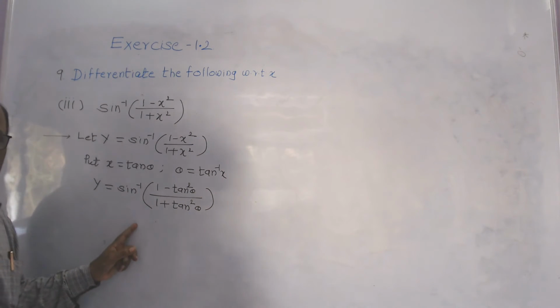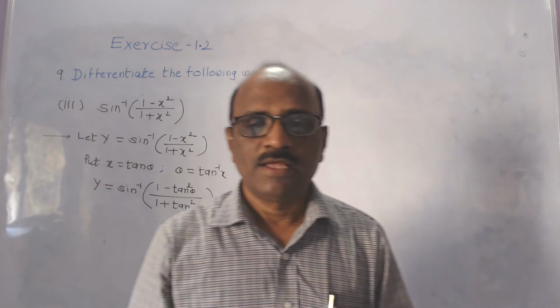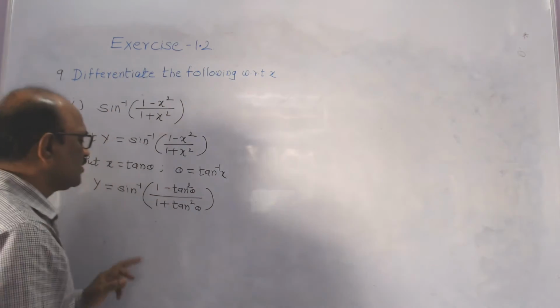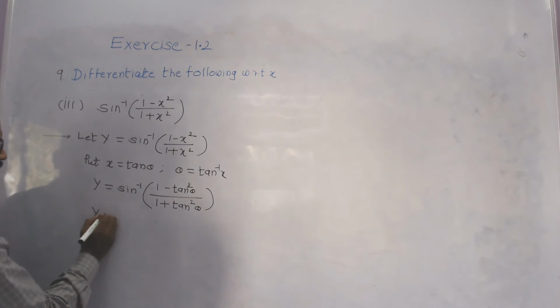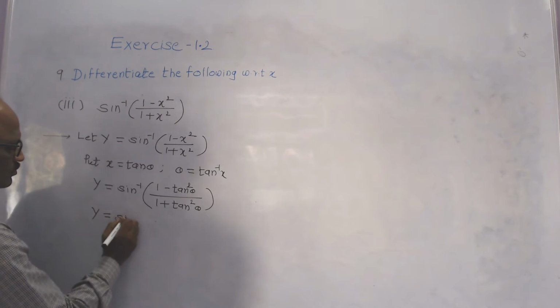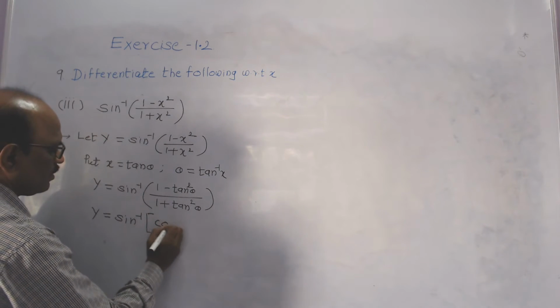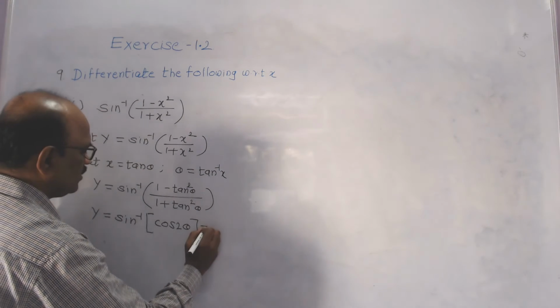Cos of 2 theta means 2 cos square theta minus 1, or 1 minus 2 sin square theta, or (1 minus tan square theta) upon (1 plus tan square theta), and this is nothing but cos of 2 theta. Therefore I will write y equals sine inverse of cos of 2 theta.